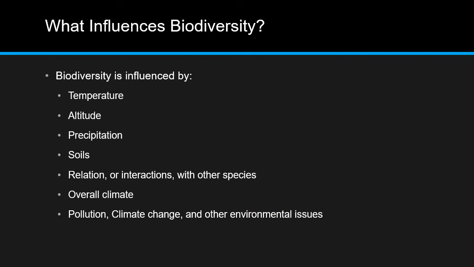But what environmental factors influence biodiversity? Well, one big influencer is temperature, right? The biodiversity on an extremely cold polar ice sheet will be different than that in a hot coastal tropical region.